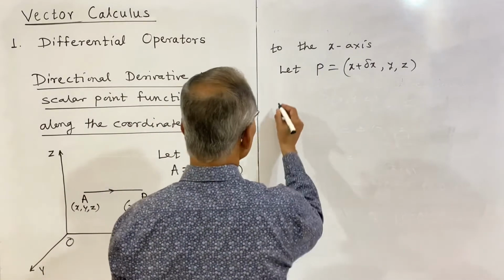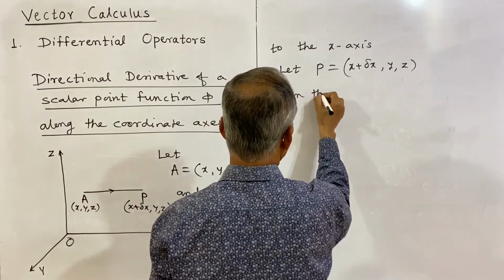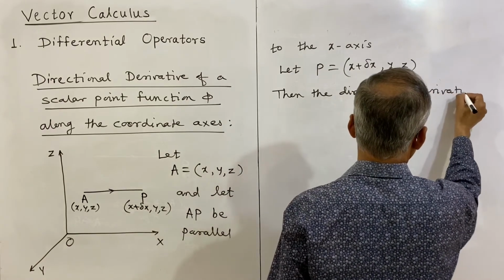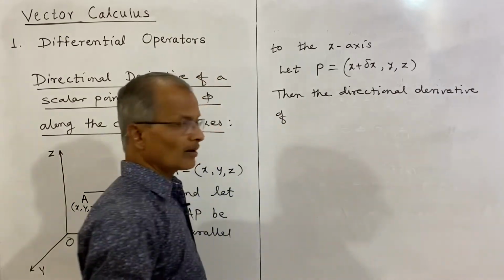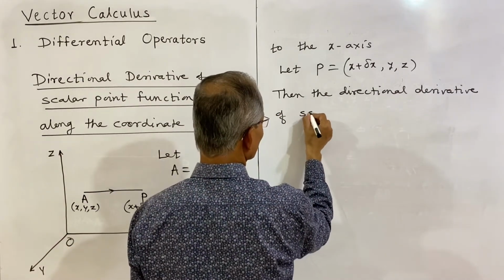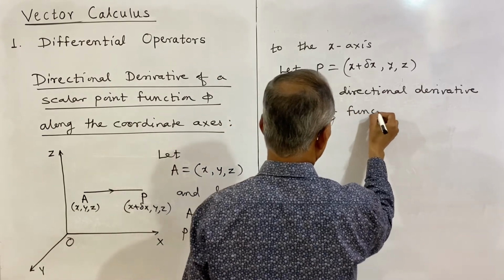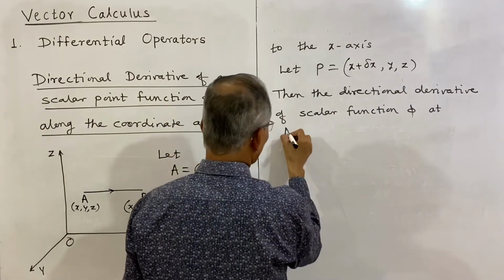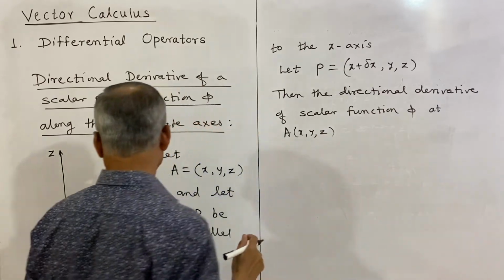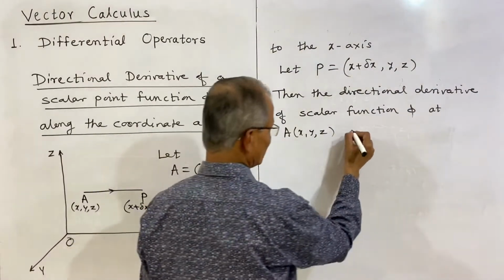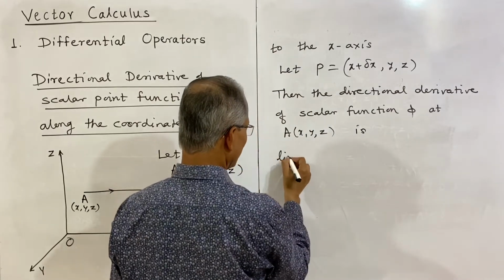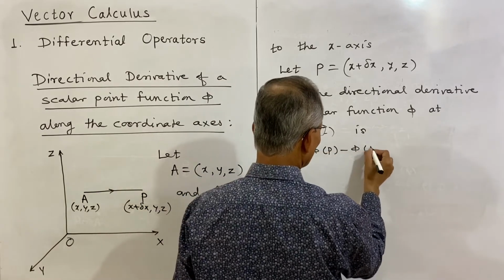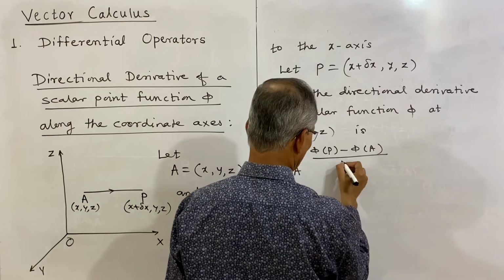The derivative of the scalar point function phi, or simply scalar function phi, at point A, that is x, y, z, using the earlier definition, is the limit as P tends to A of phi of P minus phi of A divided by PA or AP.